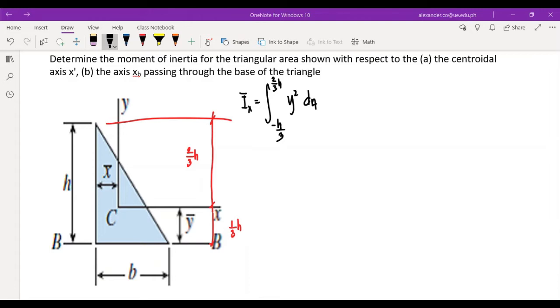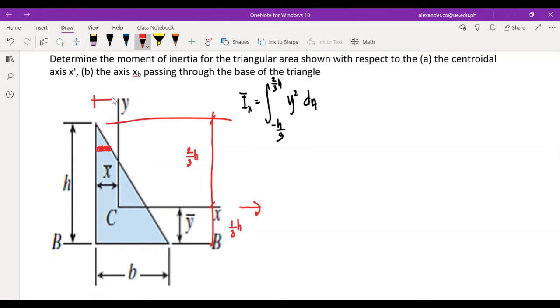What we need now is the derivative of the area first. The area is this one, the strip. Please take note always: if it is rotating about the x-axis, the strip should always be parallel to the line. So for x, it should be horizontal, and for y, it should be vertical.